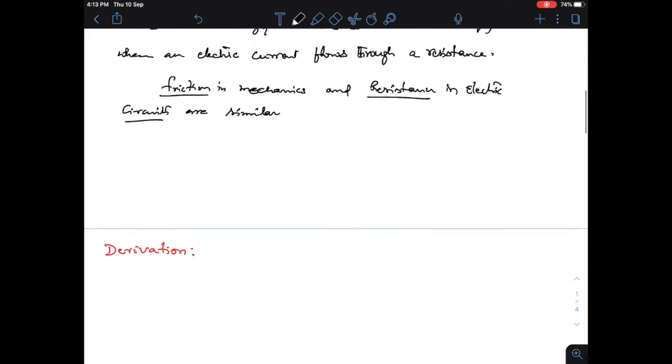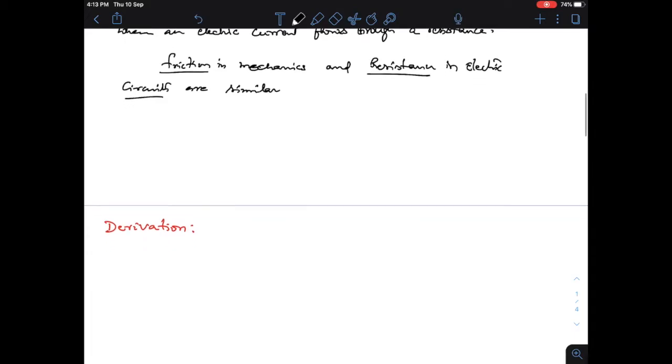Now, let us try to derive the heat energy which is dissipated. When an electric current I is flowing through a resistance wire, let us find out what is the heat produced.